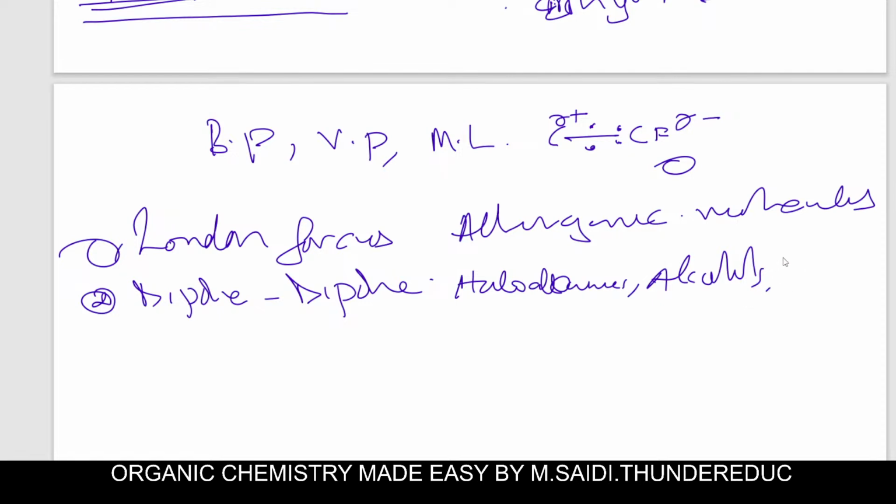Anything which has a halogen, anything which has oxygen, has dipole forces. Esters, ketones, aldehydes, alcohols, carboxylic acids, haloalkanes, all of them have dipole forces. Now, I go to the third one. The third one is what you call the hydrogen bond.